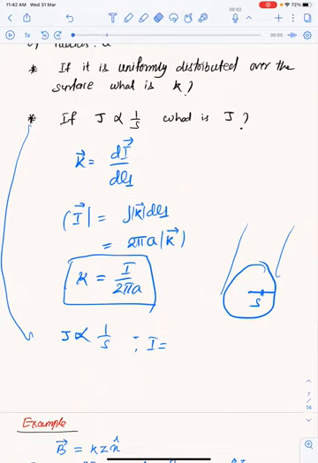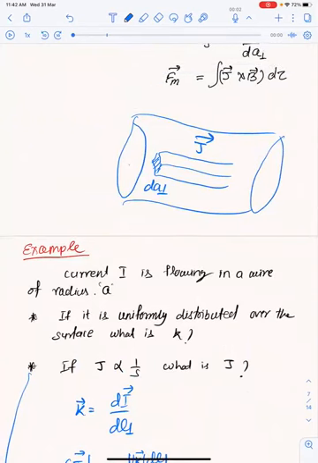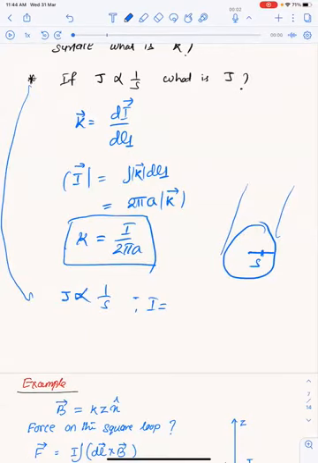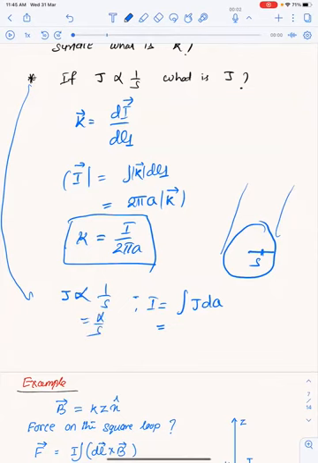So I equals the integral of J dA. J is proportional to 1 over S, so you can think of J as alpha by S. What will dA be?